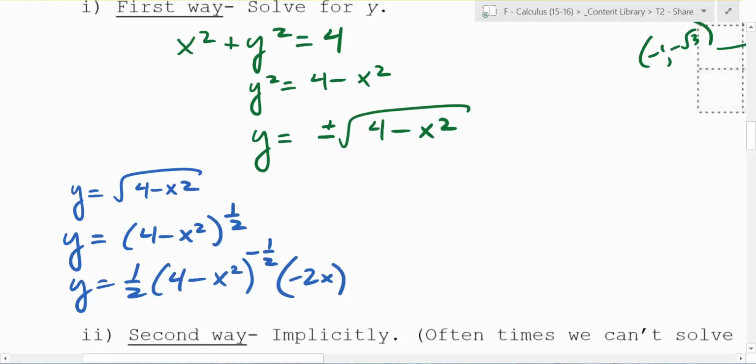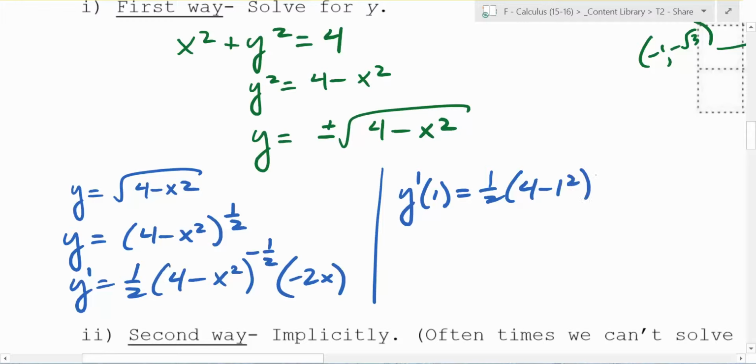So if I wanted to know what the slope is at 1, what do I plug in for x? 1. So y prime at 1 is 1/2 times 4 minus 1 squared to the negative 1/2 times negative 2 times 1. Can I simplify this?